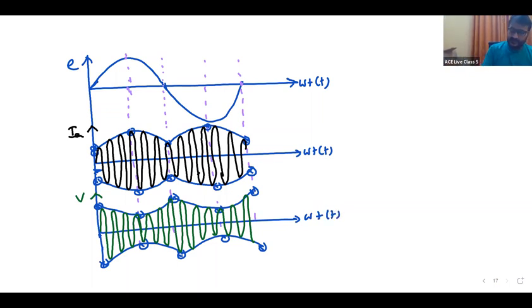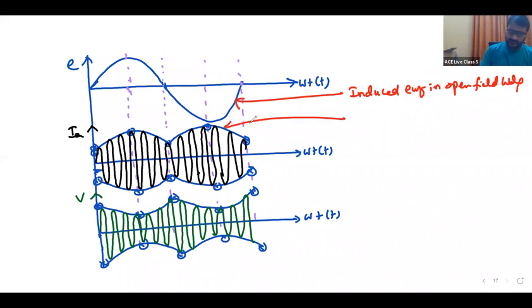This is the induced EMF in the open field winding. Whereas this is the envelope of armature current IA, but the inside of this is armature current IA.